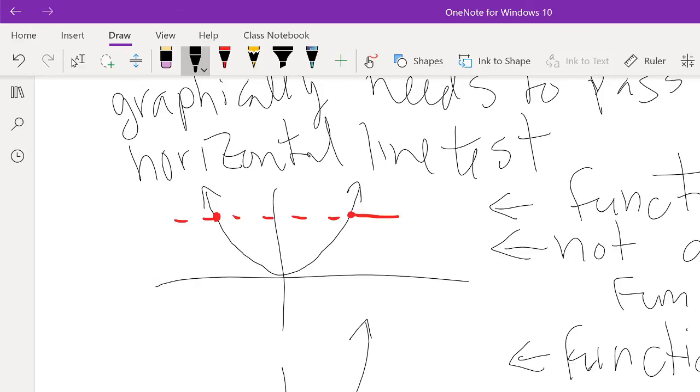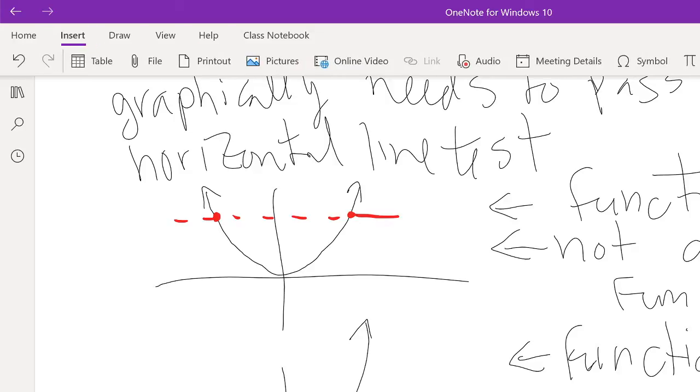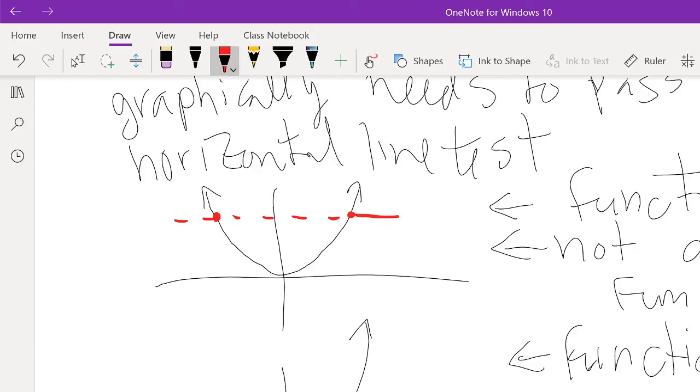But it's also a one-to-one function, right? If we look at the horizontal lines, not all of them, the infinite amount, we could see that any horizontal line that we draw would only touch the graph at exactly one point. So this is a function, and it is also a one-to-one function.